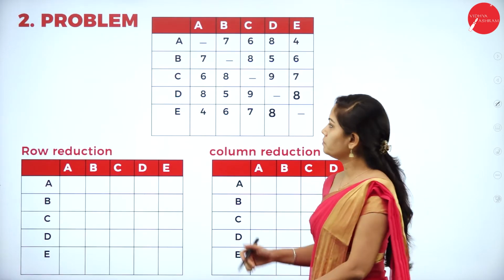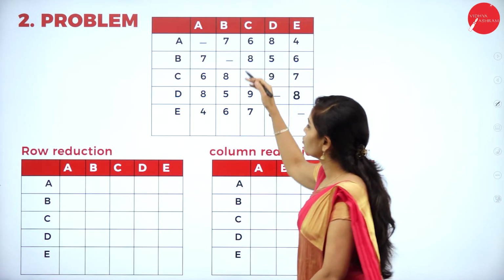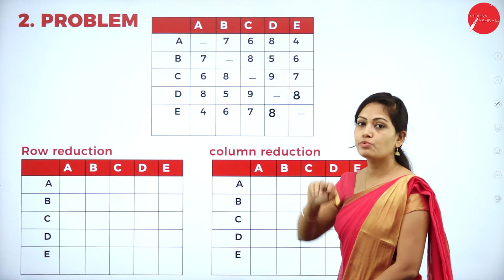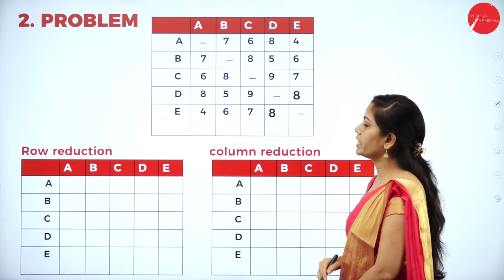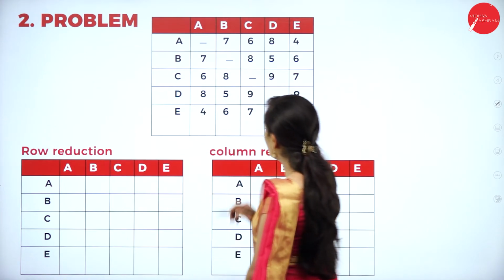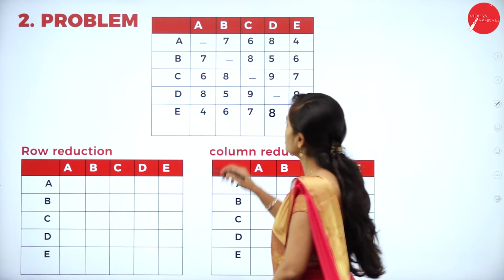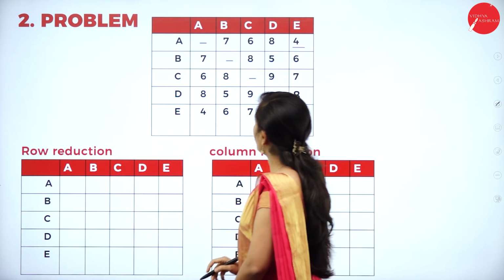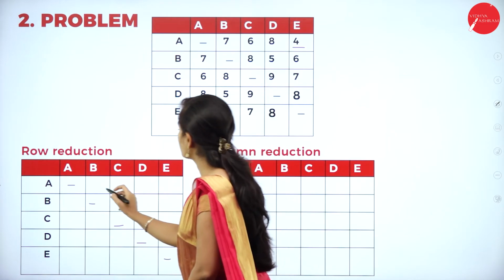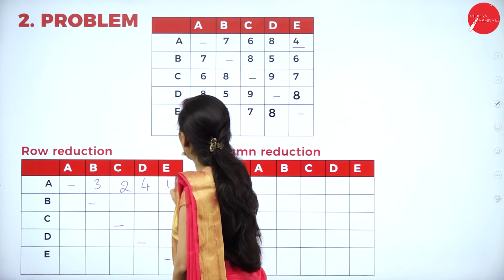And the next problem, here I have 5 columns and 5 rows. So all the diagonal matrix values are infinity or zeros. So first we have to check the row reduction and column reduction. Please verify the row reduction and column reduction. So in the first row, the least value is 4. So 7 minus 4 is 3, 6 minus 4, 8 minus 4 and 4 minus 4.